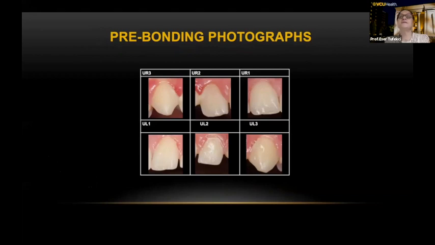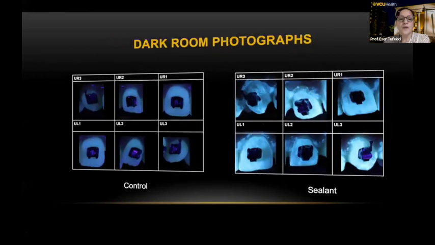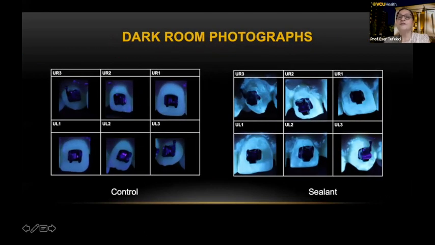Pre-bonding photographs were taken. We dedicated a room for photo taking, and therefore all of the photos, pre-bonding and post-bonding, were taken under the same conditions. Standardized photos were taken. And we took photos also in a dark room.